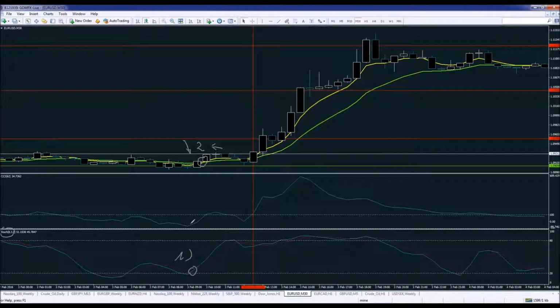So if we see stochastics and moving averages crossing at the same time, it's a signal to buy. If we see the stochastic crossing first and the moving averages second, it is also a bullish signal. But if we see the moving averages crossing first and the stochastic second, there is about a 40 to 60% chance that this is a false signal. So these rules are the most important so far.